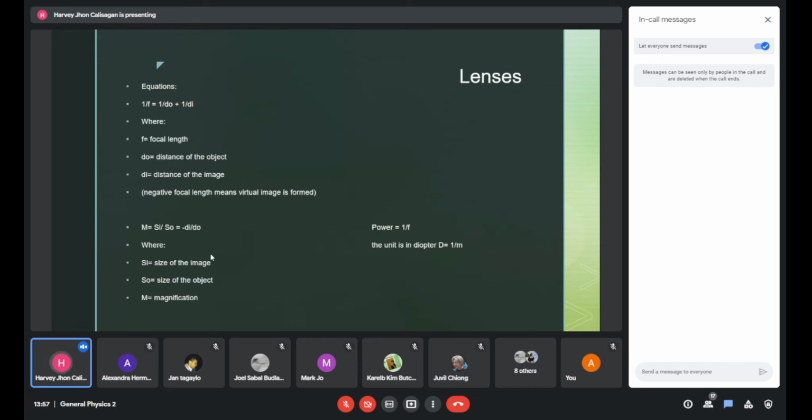How about the lenses? Actually, the lenses have the same formula as our mirror. It uses magnification, the size of the image, the size of the object, and even the distance of the two. But this time, we have another kind of equation. We call it power. The power we're talking about here in lenses is that the effect of the lenses on the material is different.